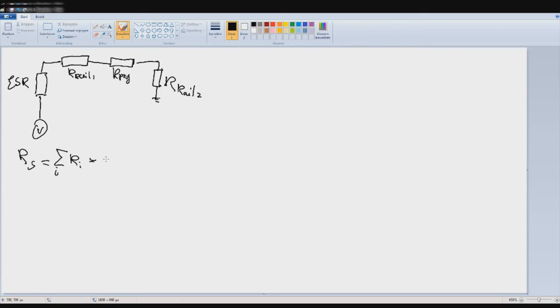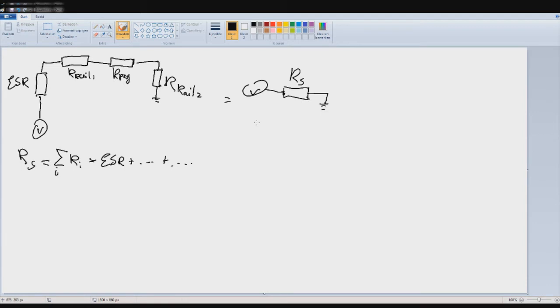That would be everything summed up, and we can model that as a single resistance, and that's what we would usually model our railgun with.